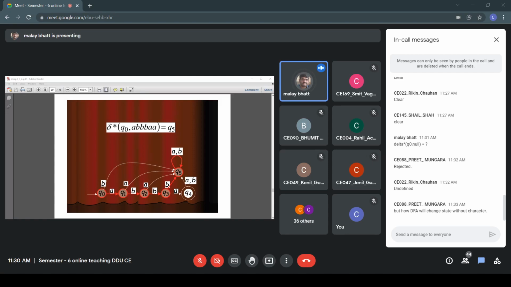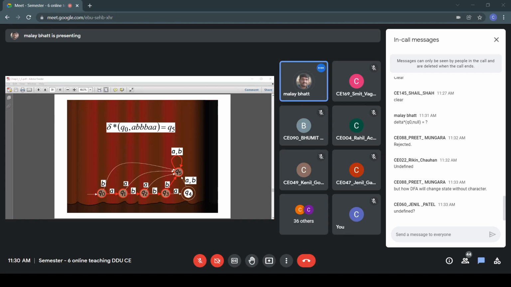So I have multiple opinions I can see. Yes, it is rejected, undefined, but how will a DFA change state without a character? So that means what? If we take null, which is the null state, what is the first symbol?